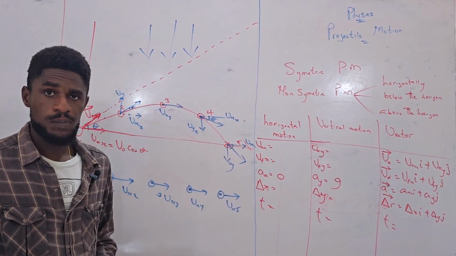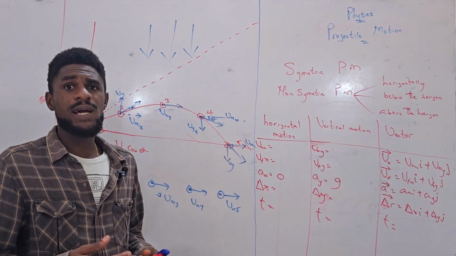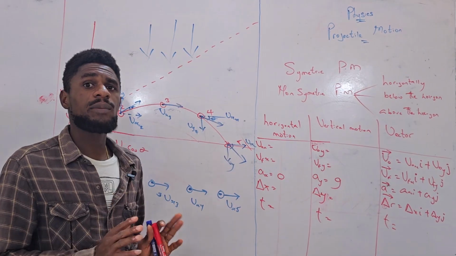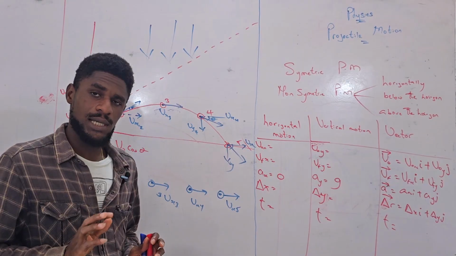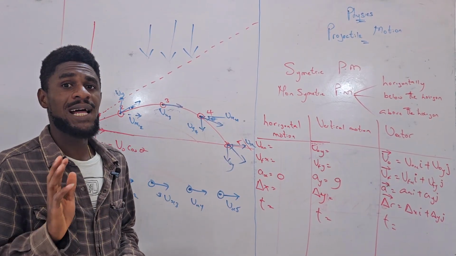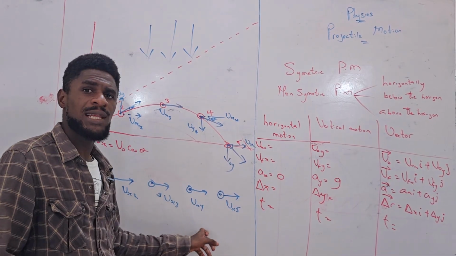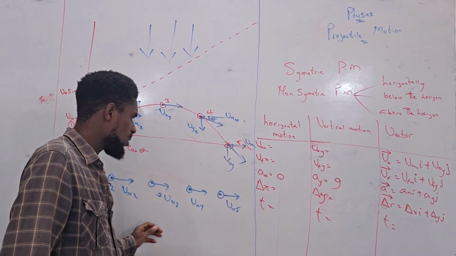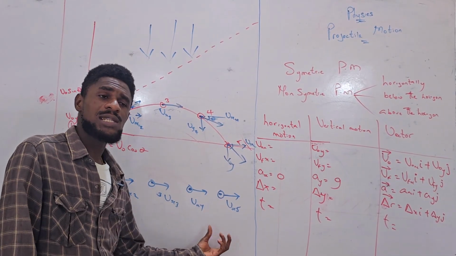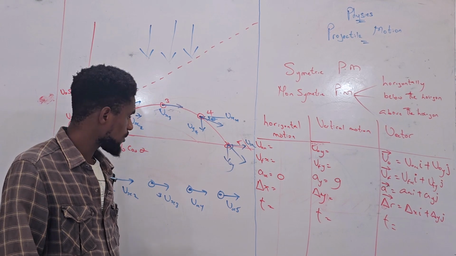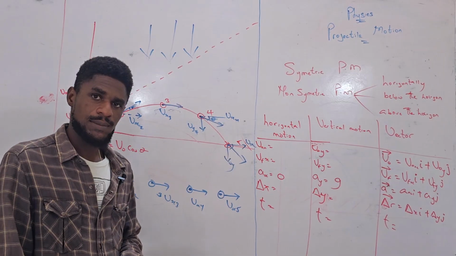The answer is no. Just like Newton's first law, an object at rest wants to remain at rest, or an object at constant velocity wants to remain in constant velocity. Since there's no force pushing or pulling this ball to the right or to the left, what is the conclusion we can come to? We can say our horizontal velocity is constant.